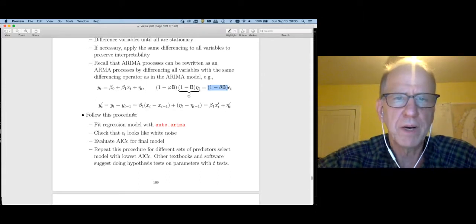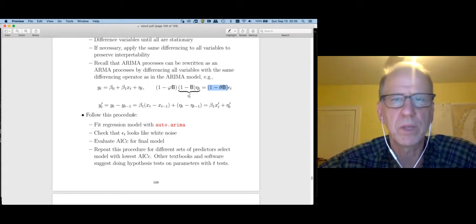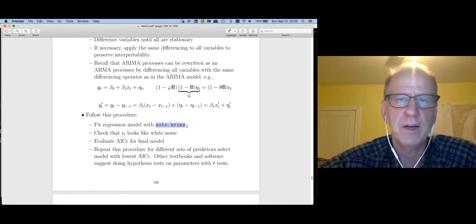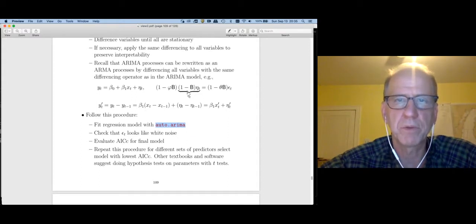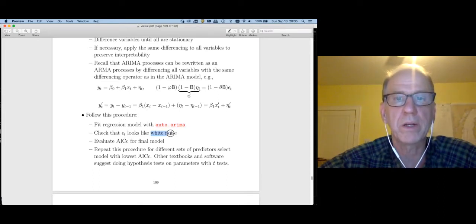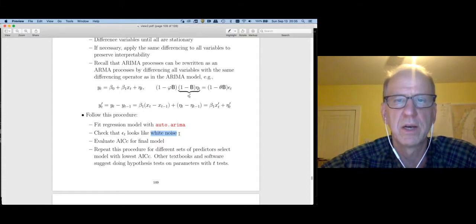So when we fit our models, this is the procedure we're going to use. We're going to rely very heavily on auto.arima to help us find the right number of differences, the right number of moving average terms, and the right number of autoregressive terms. We're then going to check our epsilons and make sure that they are white noise. We're going to use the KPSS test to confirm that.